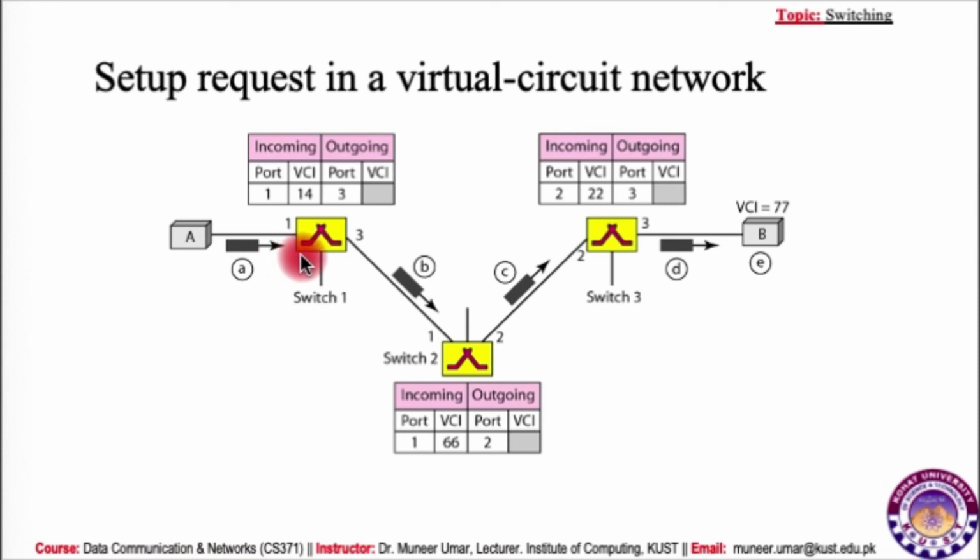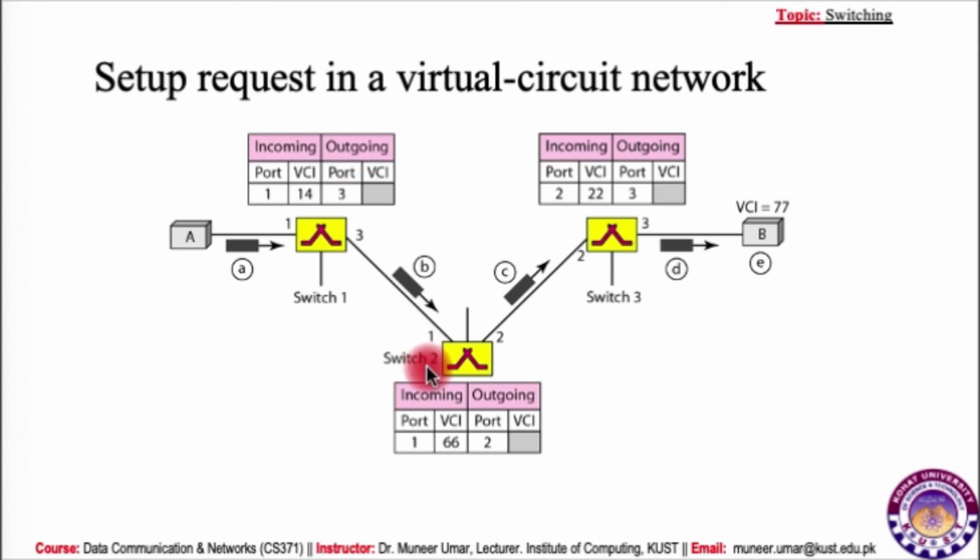The switch creates an entry in this table for the virtual circuit, but it is only able to fill 3 or 4 columns according to its ports. So the switch assigns the incoming port here and chooses the available incoming VCI and the outgoing port.